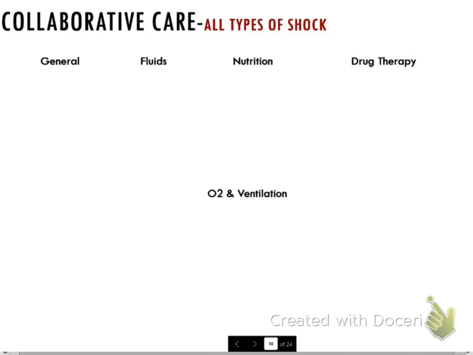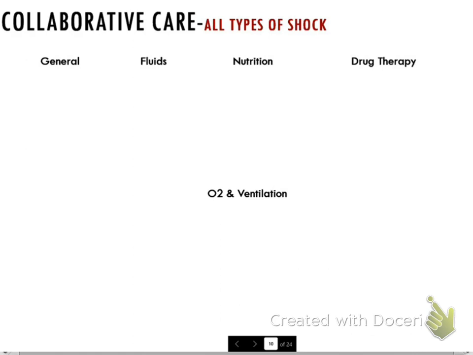So as far as fluids go, we want to do fluid expansion, especially if you have a patient that's in septic, hypovolemic, or anaphylactic shock. Those three shocks, we're going to be doing lots of fluid resuscitation, right?